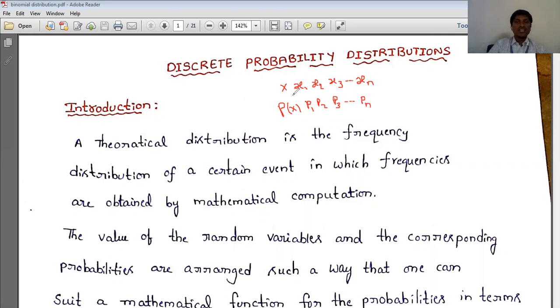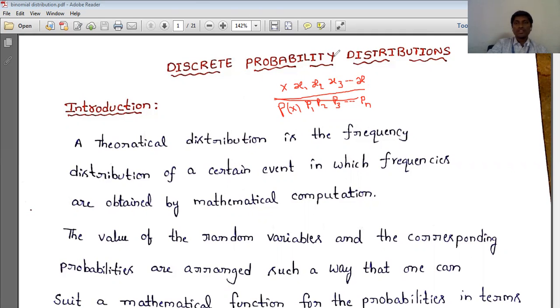Okay, so like that we constructed a probability distribution table. That also we learned, and here we are going to learn finding frequencies for the discrete random variables. So for the discrete random variables we are going to calculate frequencies. Okay, so that one we are going to learn.